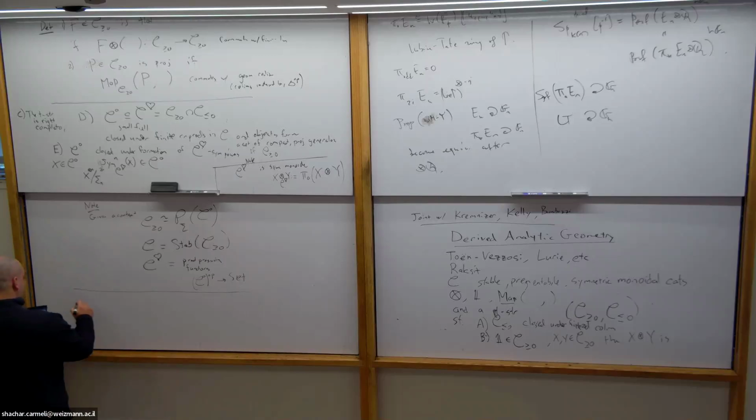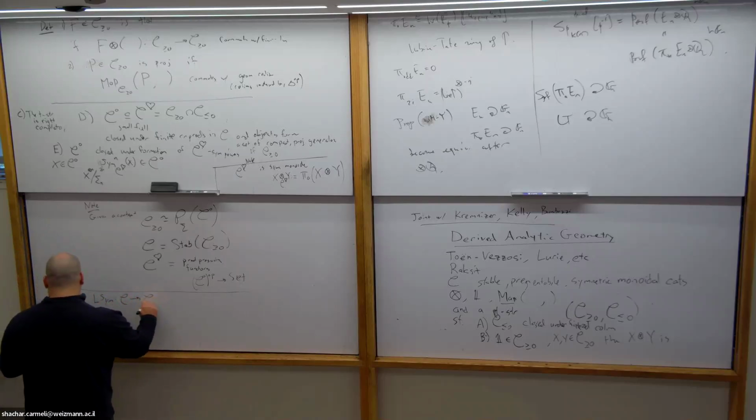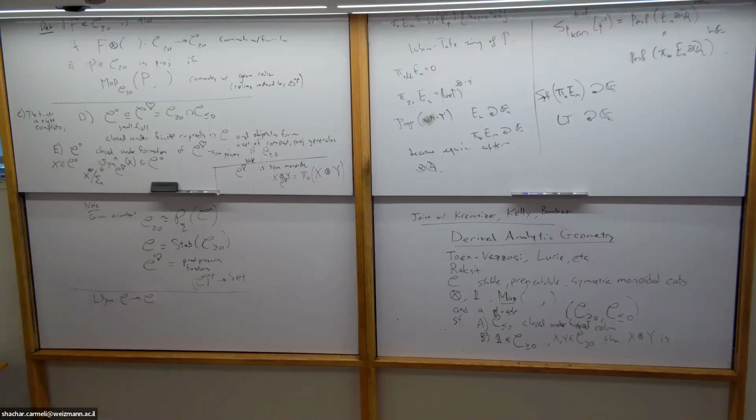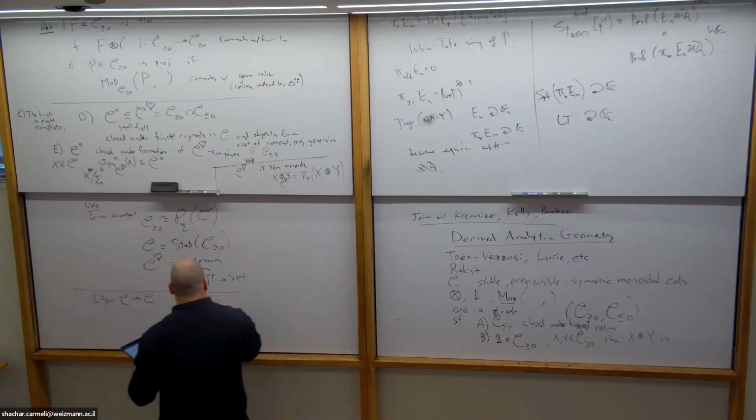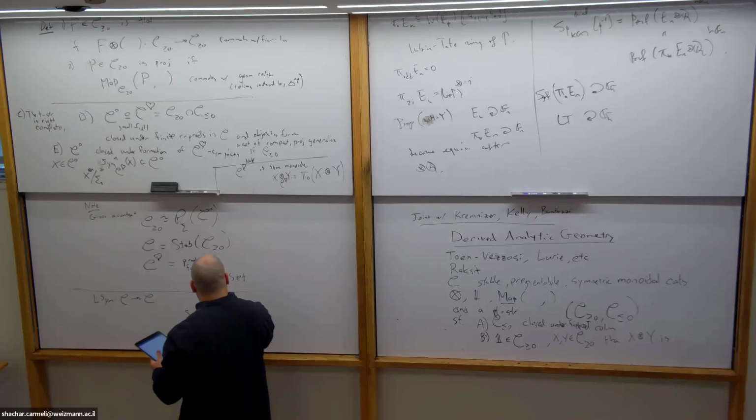Arpon was interested in proving HKR theorems in a very non-model-categorical way, and so he defines this monad LSym in a couple of stages. I need to go faster. You start with Sym on C♥ and you derive it. That's the first of two steps, and it's kind of easy.